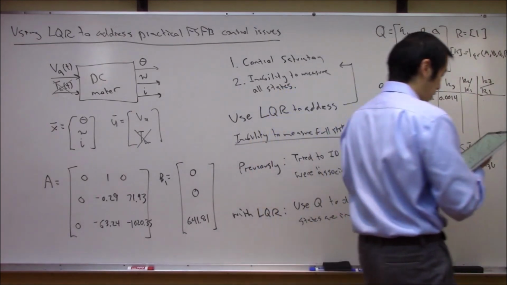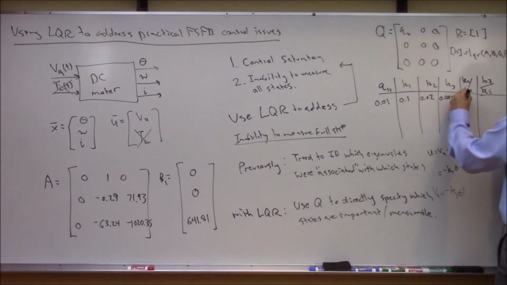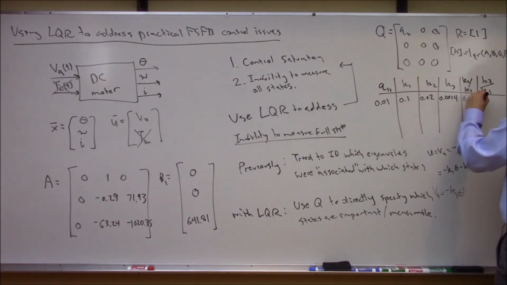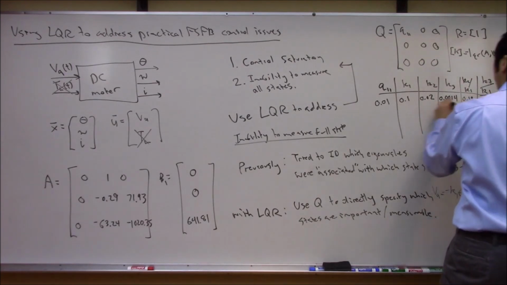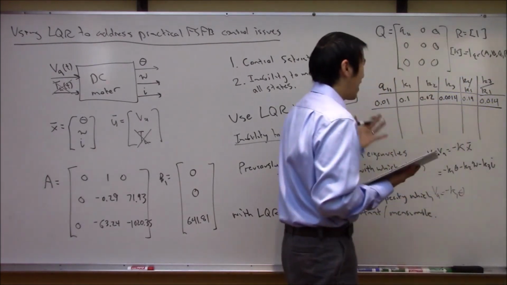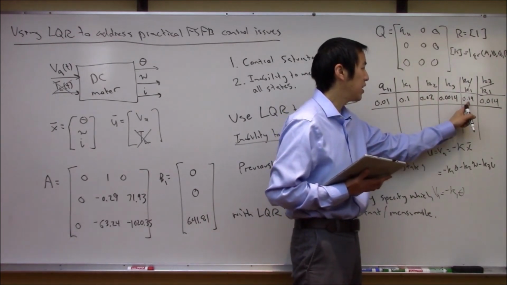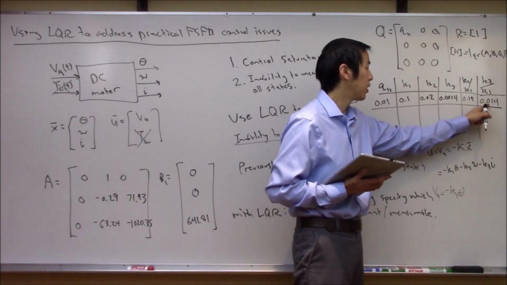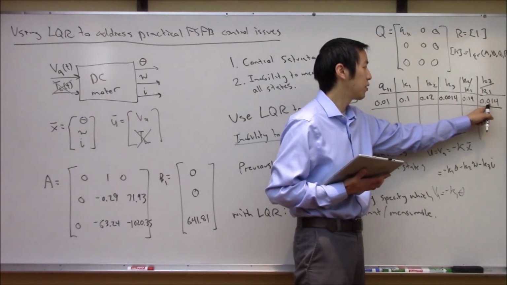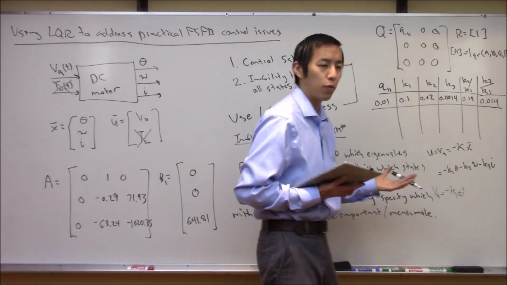In this case, I think you end up with about 0.19 or 19% here and 0.014 here. So I don't know if I would say this is super great, because you see that the second gain is almost 20% of the first one. Yeah, this third gain is nice. I think you could safely neglect it because it's only 1.4% of it.